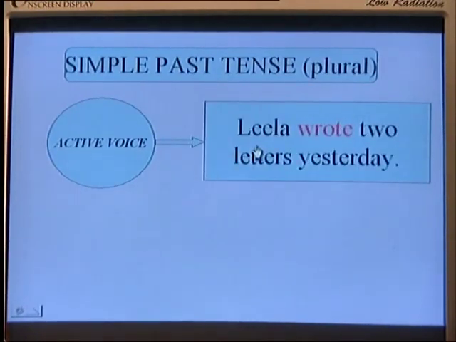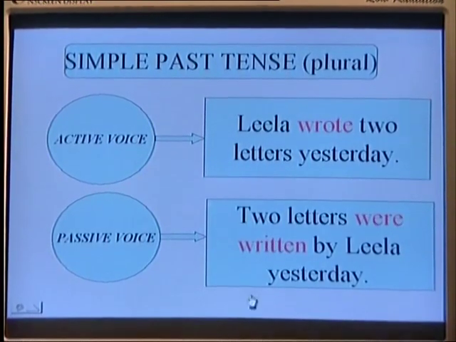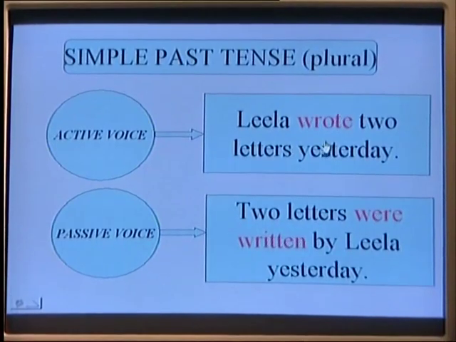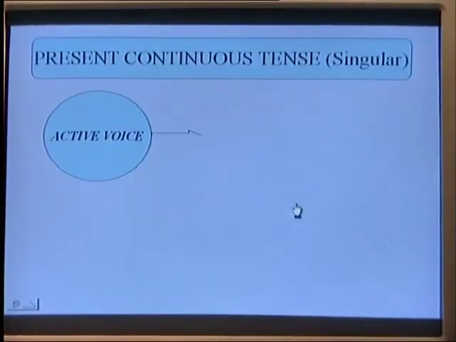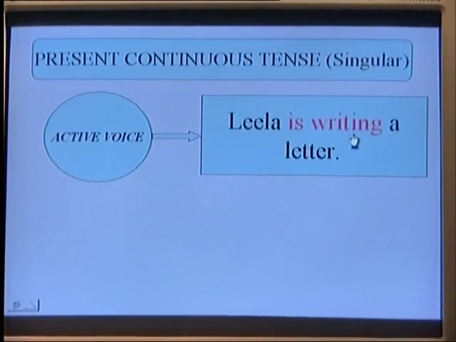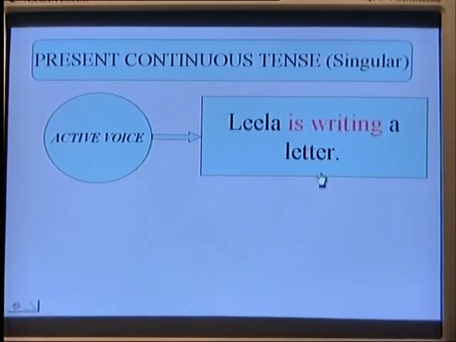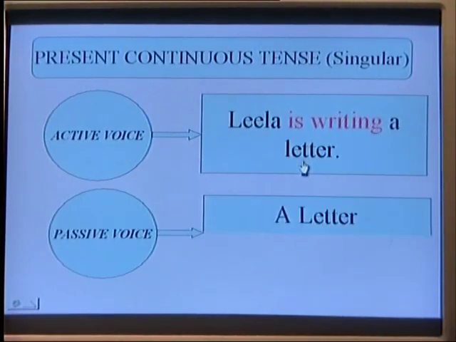Now, look at the next sentence. Leela wrote 2 letters yesterday, past tense and plural form. What is the passive form of it? 2 letters were written by Leela yesterday. Leela is writing a letter, present continuous. A letter, singular. What is the passive form of it?